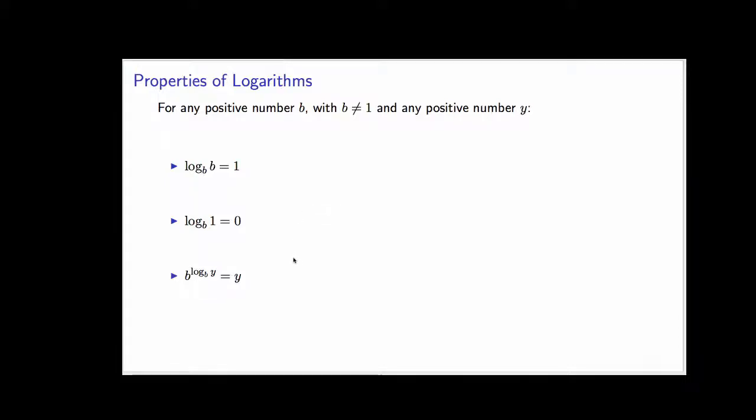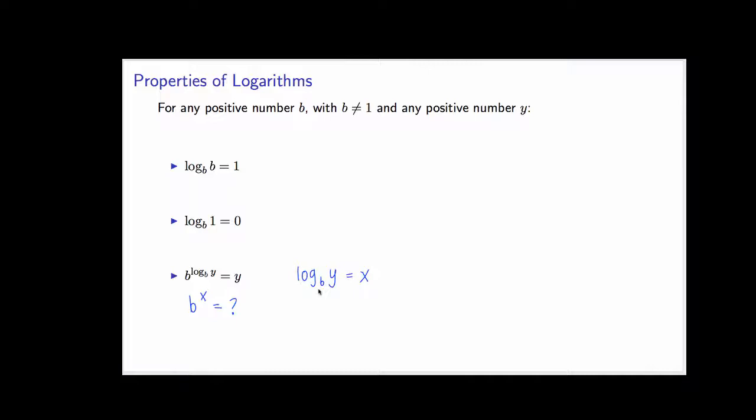Now, to understand why this property is true, let's take a look at, again, converting between logarithmic and exponential forms. So we're interested in b to the log base b of y. Let's denote log base b of y as x, and that means that we're interested in finding the value of b to the x. So we want to know what b to the x is equal to.